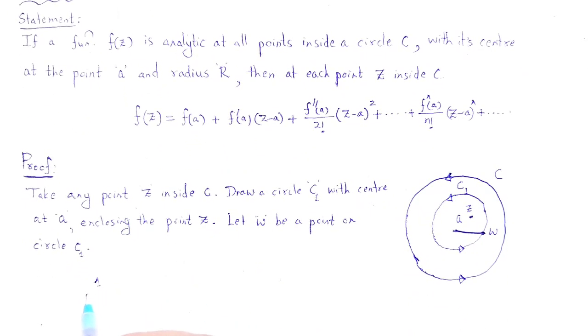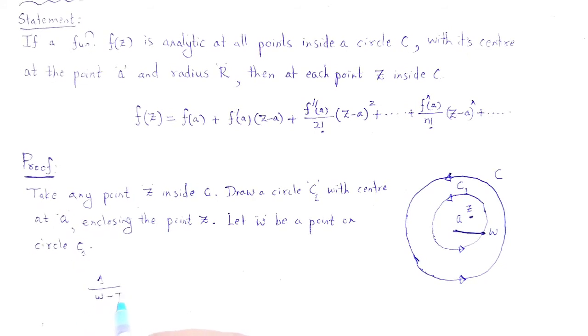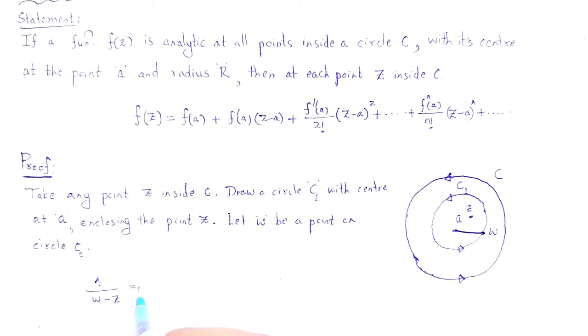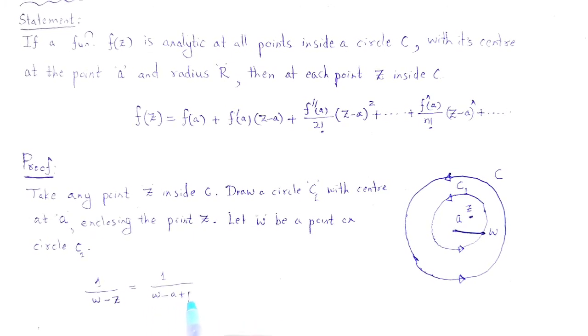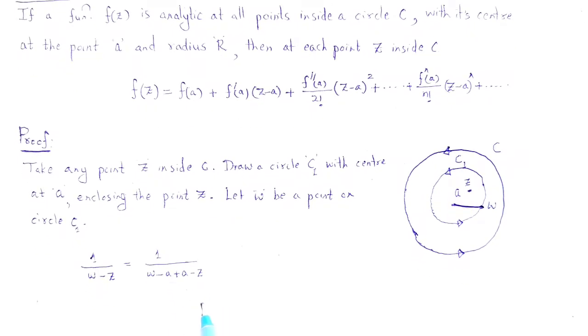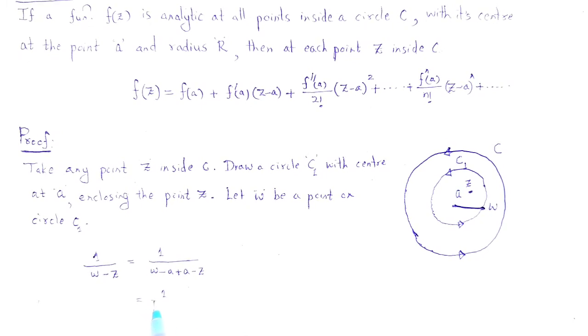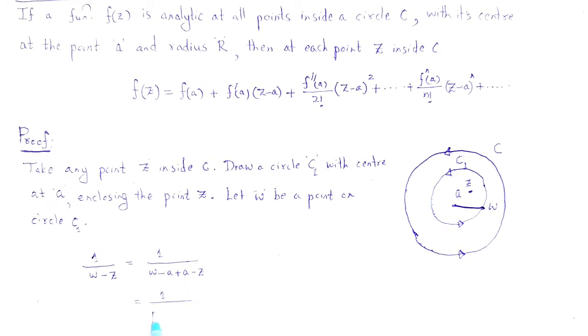So 1 divided by W minus Z can be written as 1 divided by W minus A plus A minus Z. Add and subtract A. 1 divided by W minus A minus Z minus A.